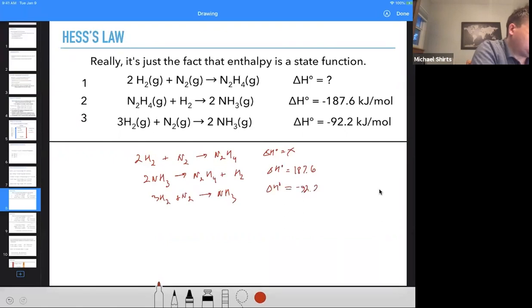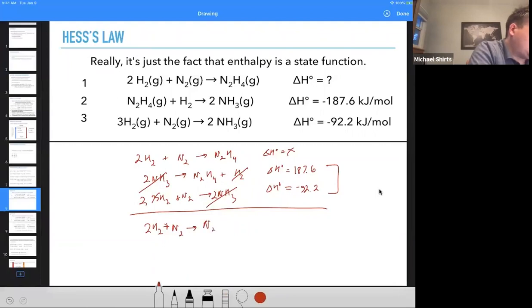And then when we add these up, actually we're not going to totally add them up. If we cancel the ammonia out, and then you notice that this side has 1 hydrogen, so this goes down to 2 hydrogen, then these 2 reactions added together will be 2H2 plus N2 goes to N2H4, and the sum of these two reactions is the same as that first reaction.